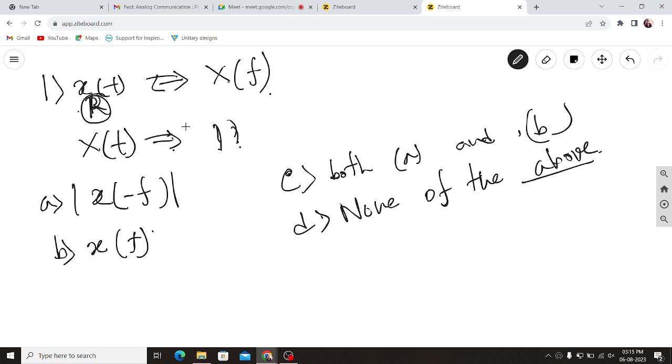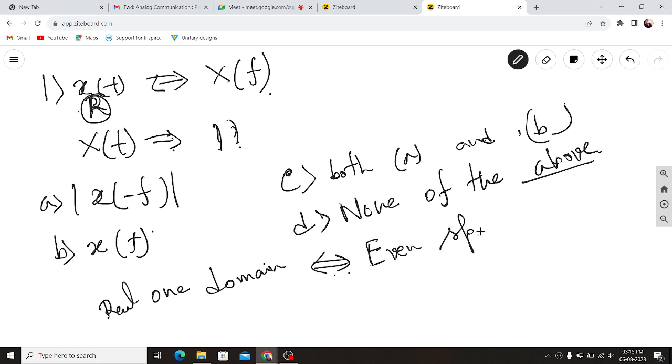So basically, it is known that if a signal is real in one domain, then in the other domain it will have an even spectrum. This follows from the duality property.